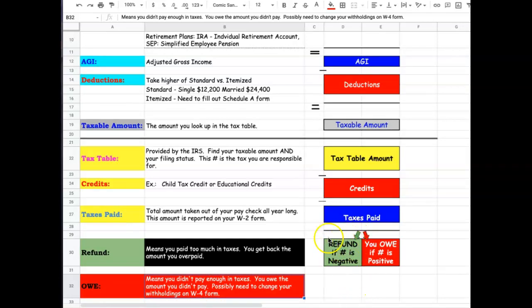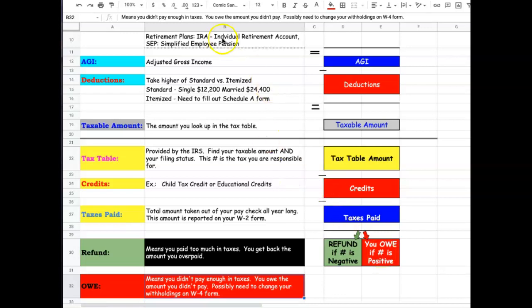But your goal is to hopefully break even here and have enough taken out of your check all year, or even get a refund. And a lot of people use their tax refund to pay off a credit card or go on vacation or pay for school or whatever it is. And other people say, well, I don't like to give the government a loan for the whole year, so I'll pay it at the end. But, to each their own.